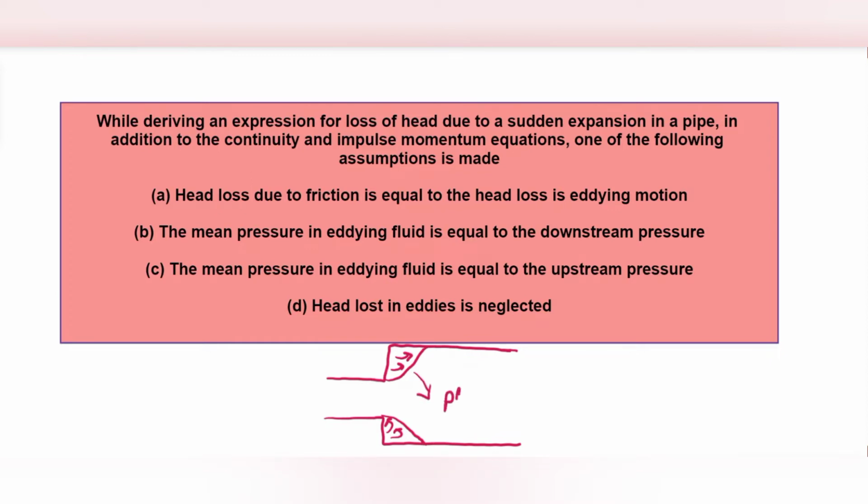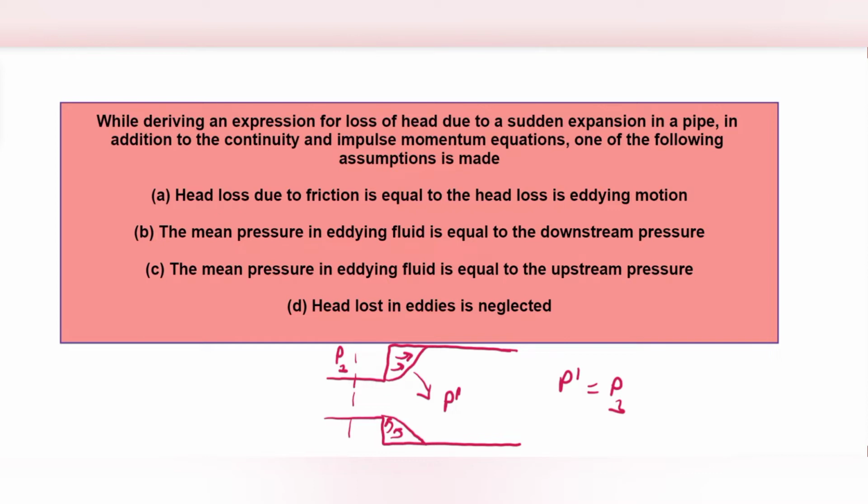And then while we were deriving the equation, I had told you that experimentally it was proved that the pressure in this portion where the eddies formation has taken place, which is P dash, is equal to the pressure at the first section, which is P dash is equal to P1.